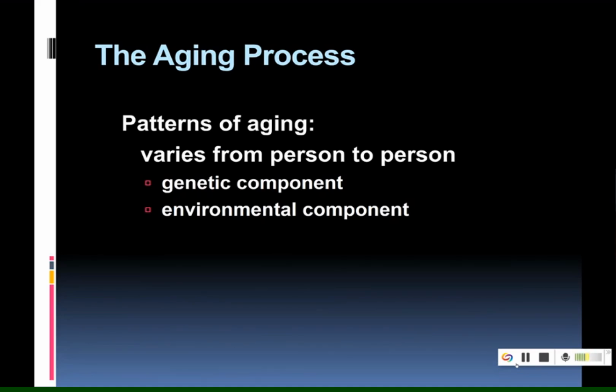Research actually shows just the opposite: the genetic component to your healthy lifespan is perhaps only a 10 to 25% contribution, and most of the healthy lifespan is due to environmental considerations.